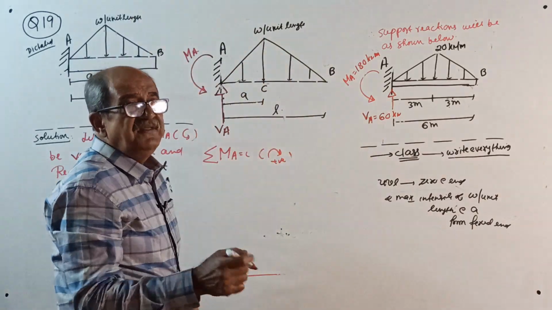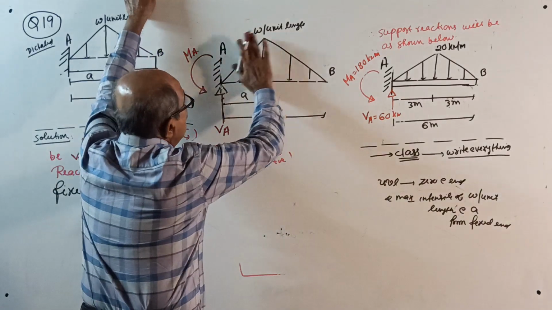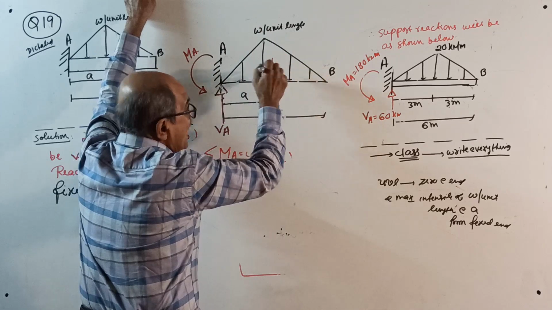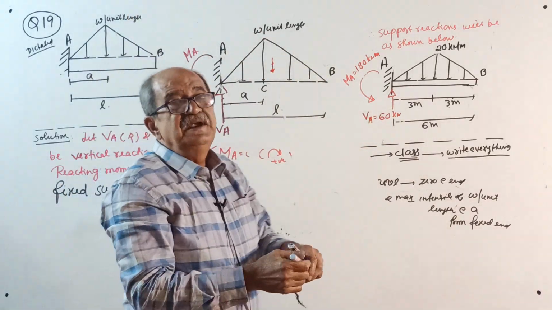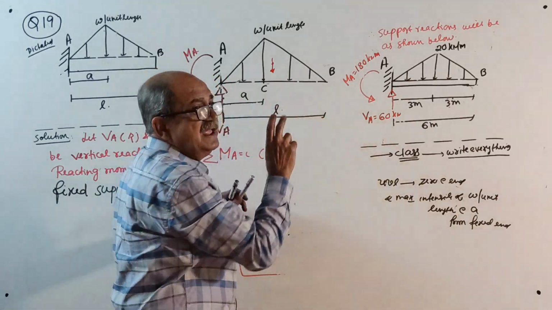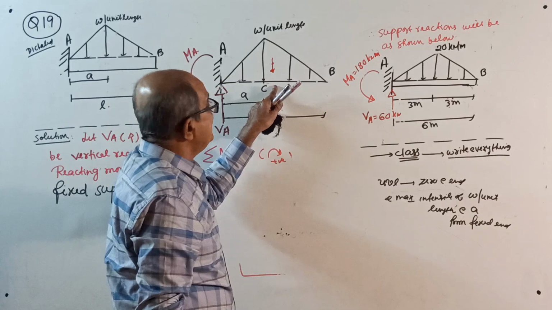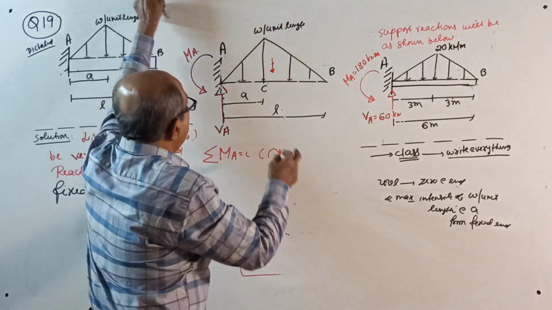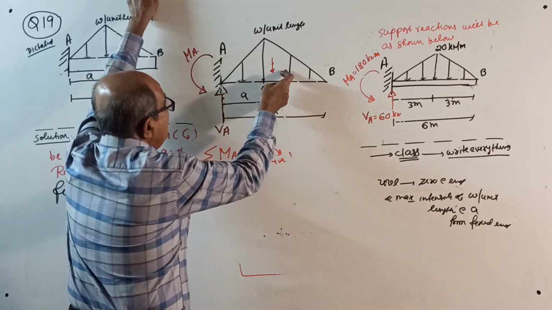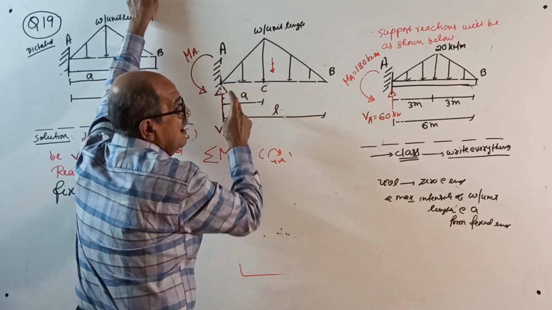But where it is acting, I told if you take the full triangle, it will act slightly on the side where the distance is more. Here, this distance looks a little more than this distance, so here. But remember, whether it is coming here or here, the distance formula is the same.